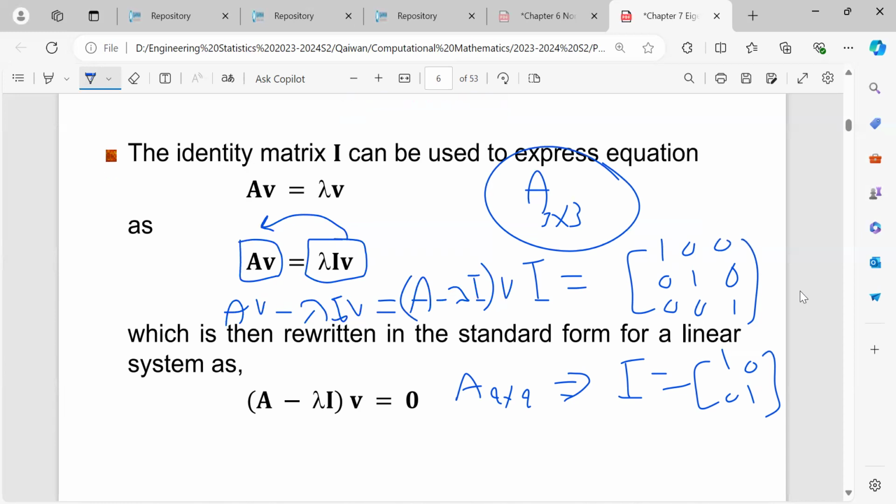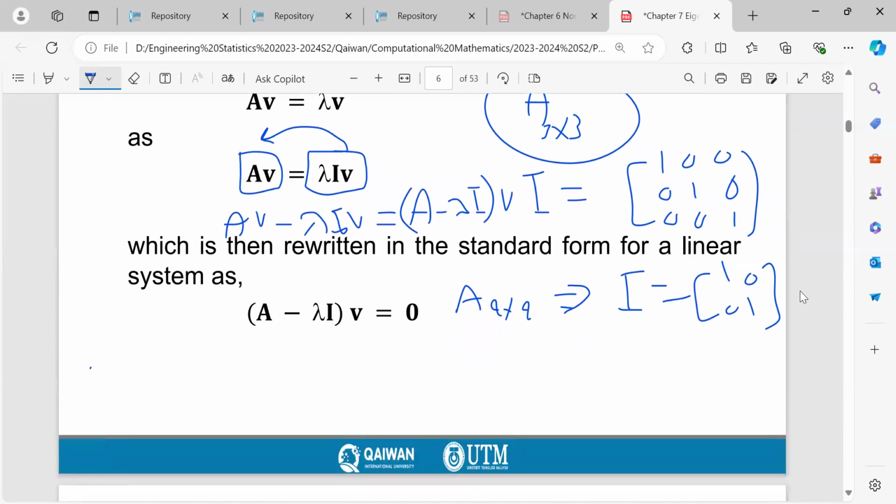For example, let's say A is a 2 by 2 matrix. Let's take a matrix A to be 1 3 4, let's say 5.